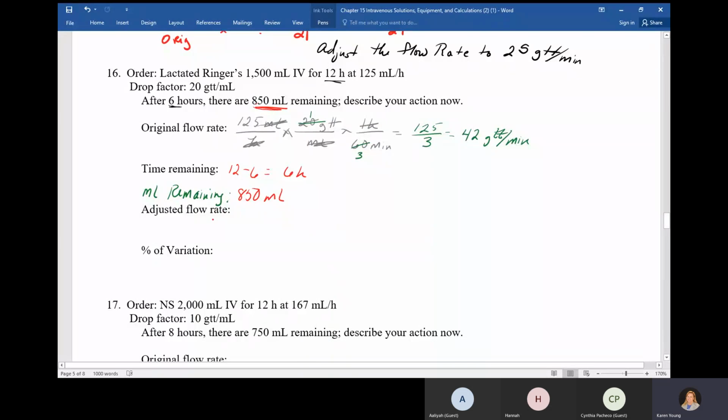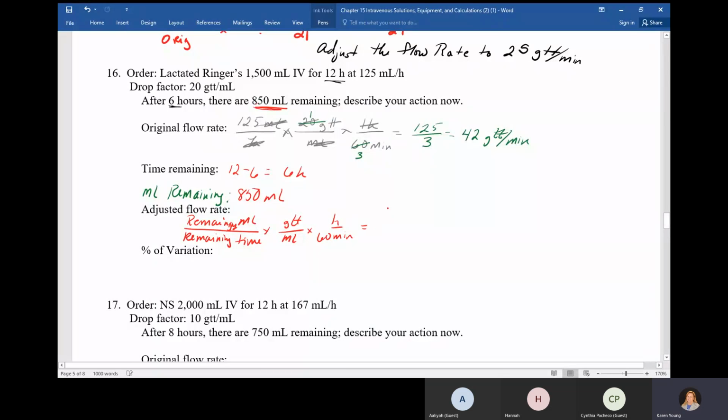So to find my adjusted flow rate, it's just like we found our original, except that we're using our remaining milliliters over our remaining time, times our drop factor, which is drops per milliliter, times our time, 1 hour over 60 minutes.